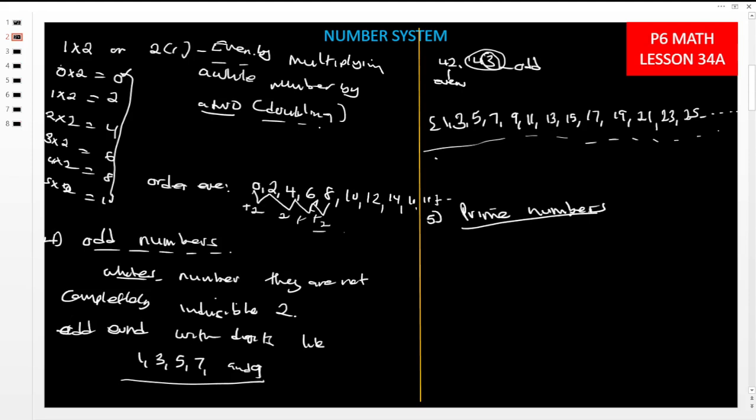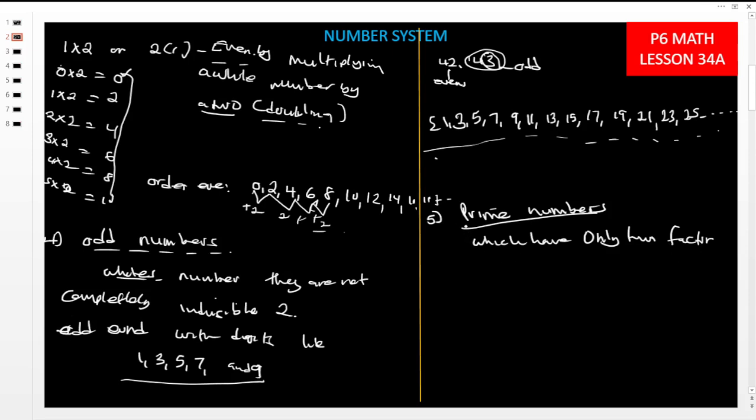Now what are these prime numbers? This is very simple. These prime numbers are the numbers which have only two factors, and we said a factor is one of two numbers which you can multiply to get another number.